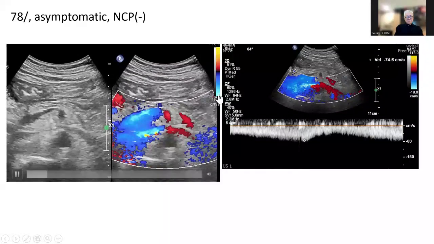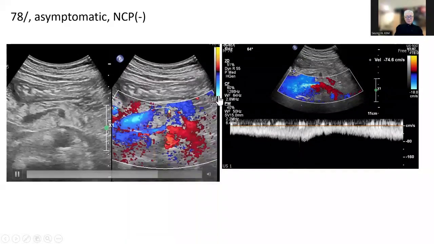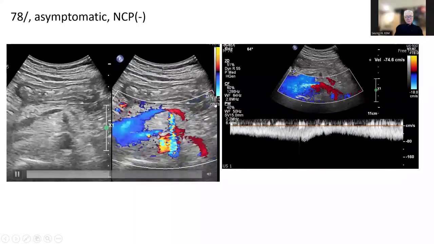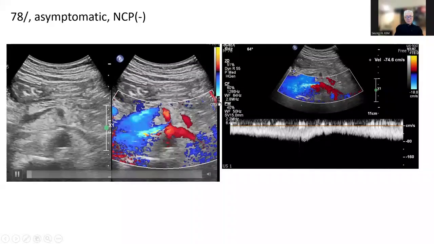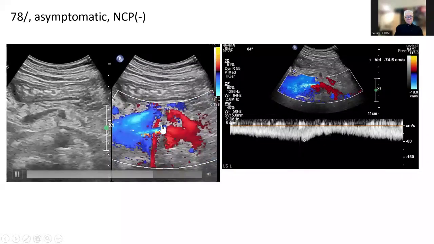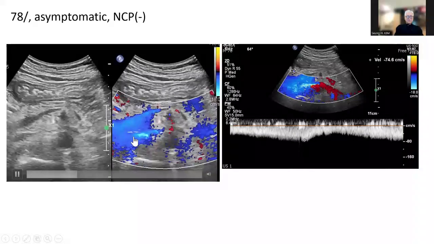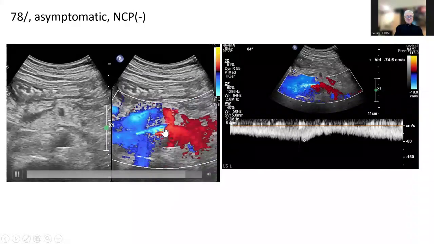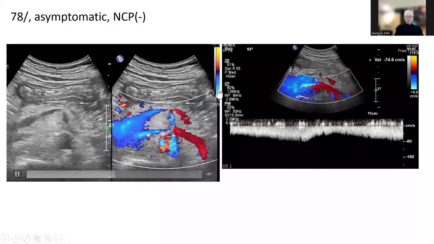But if we consider this color bar of plus minus 18 centimeters per second, the velocity is not very high around here.